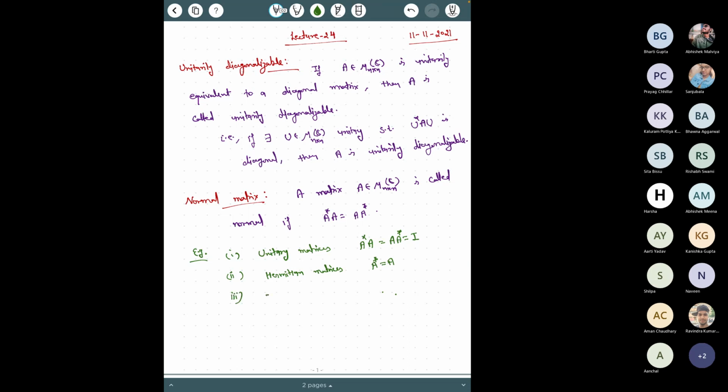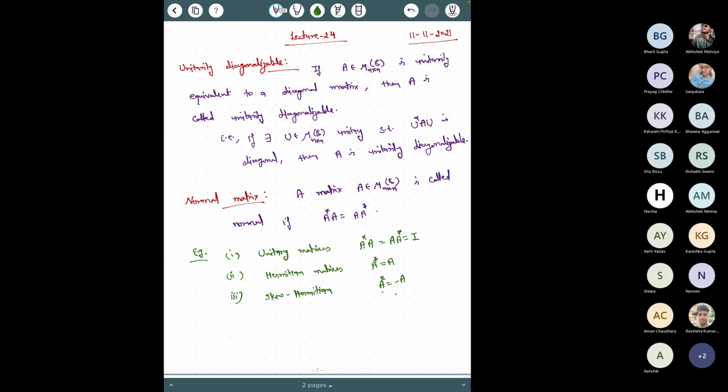Similarly, skew Hermitian matrices are also normal, with A star equal to minus A. So clearly unitary, Hermitian, skew Hermitian matrices are normal.